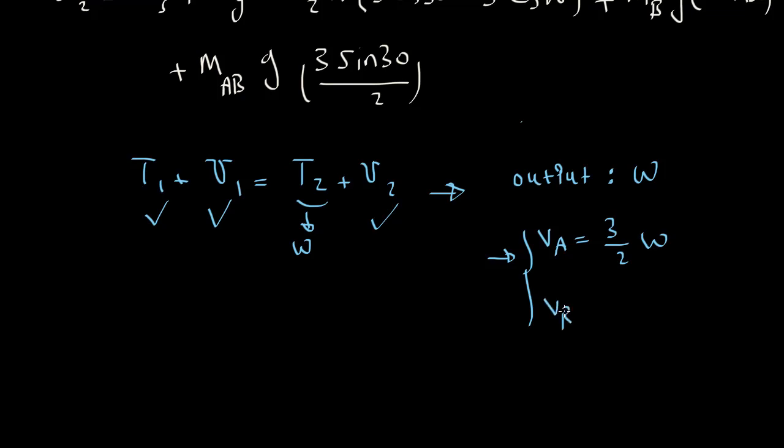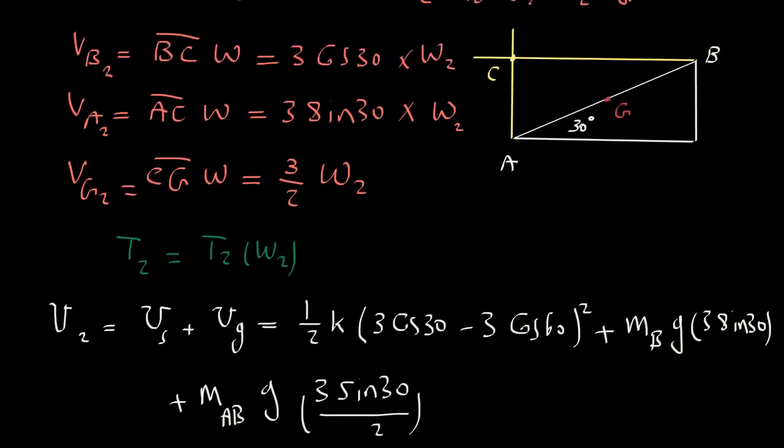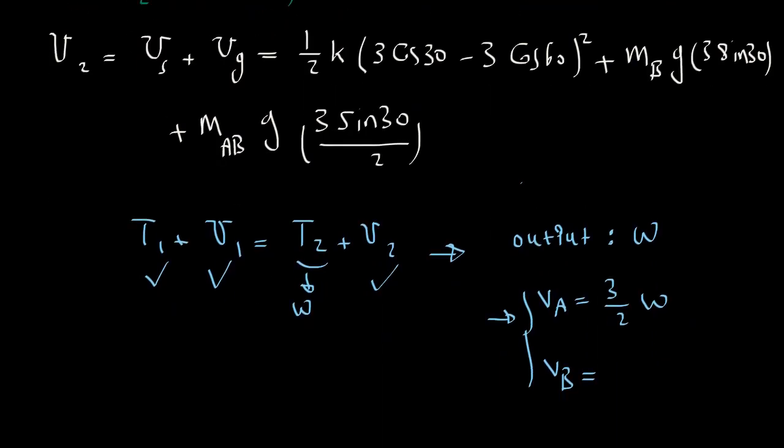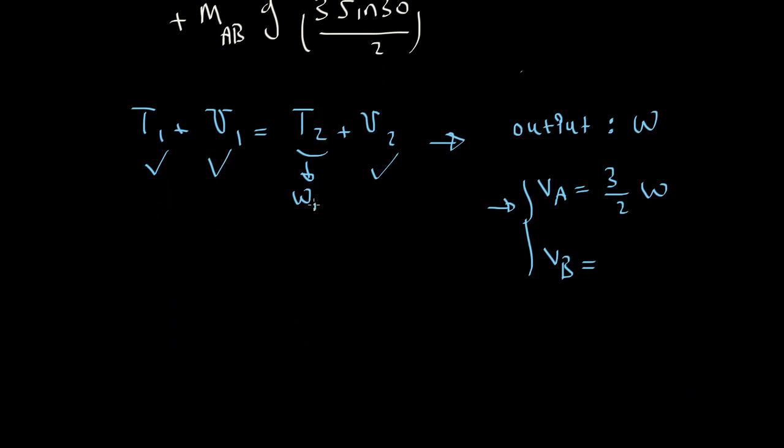And VB would be 3 cosine 30, yeah, 3 cosine 30 omega 2. So this was omega 2, basically, and 3 cosine 30 would be 3 square root of 3 over 2 omega 2.